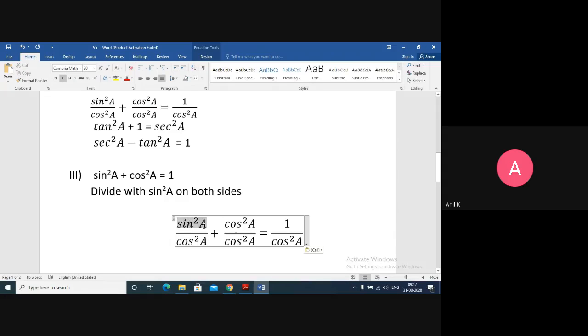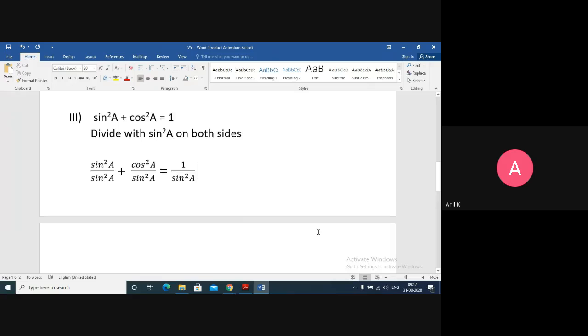Dividing each and every term with sin square A, here you have sin square upon sin square, cos square upon sin square, 1 upon sin square. If I simplify, sin square upon sin square is 1, plus, what about cos upon sin?